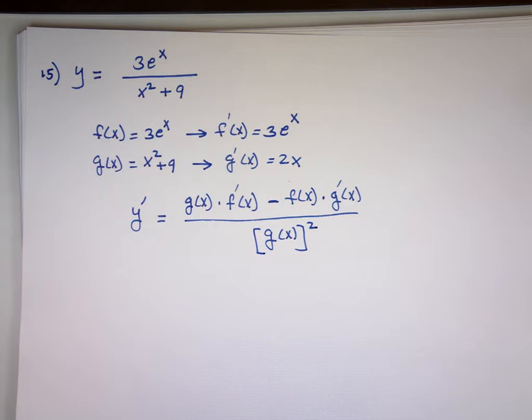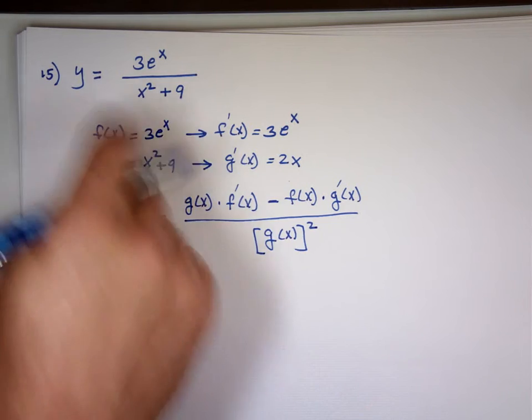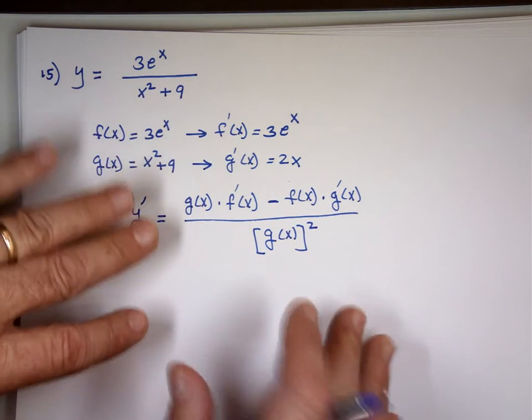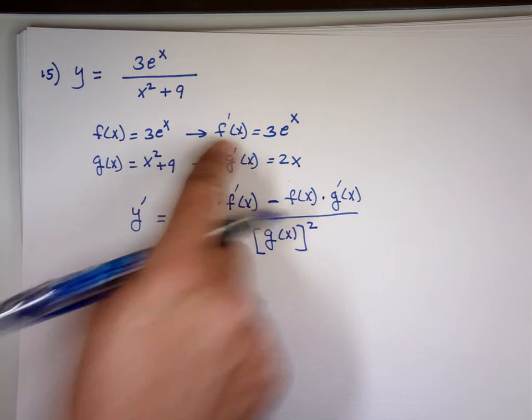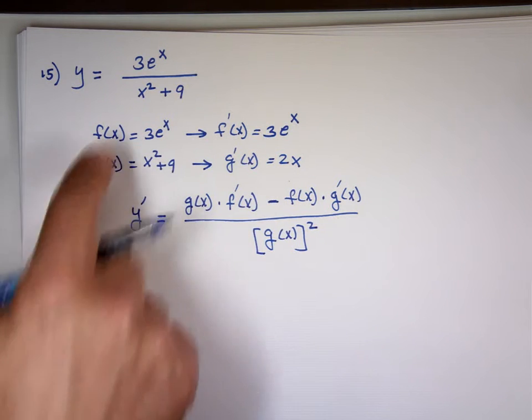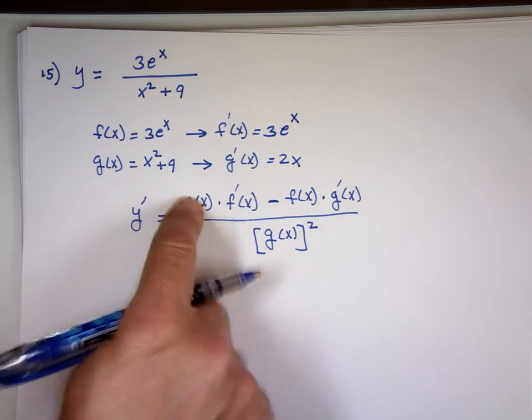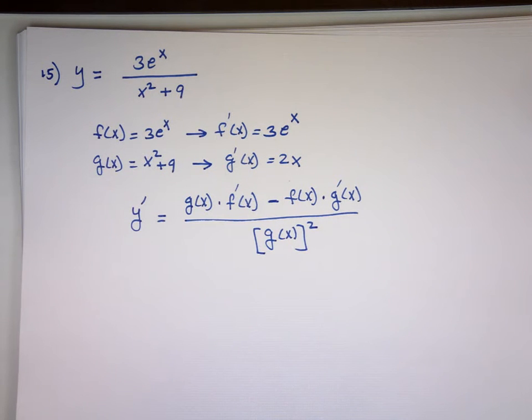And once you have these 4 pieces, it's really nothing more than fill in the blank. That's why I like to do these first. Because when I get to this point, I don't want to be distracted. I don't want to have to go back and ask, what's the derivative of f? It's already done for me. I get f, its derivative, I get g, its derivative. So when I get to this point, I get all 4 pieces in my hand. Just got to fill them in.